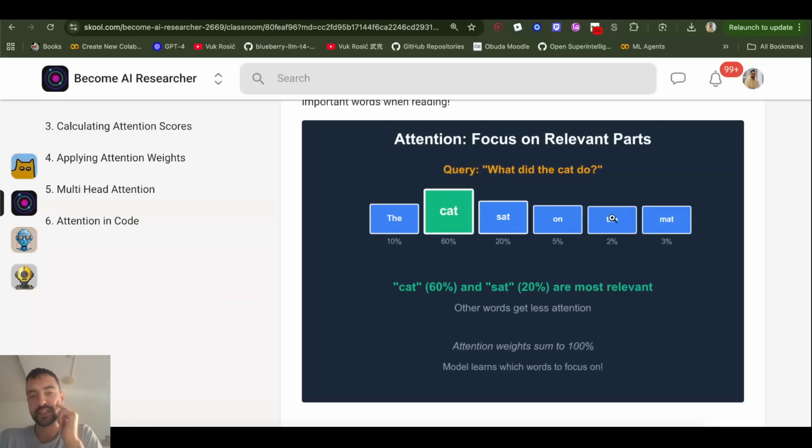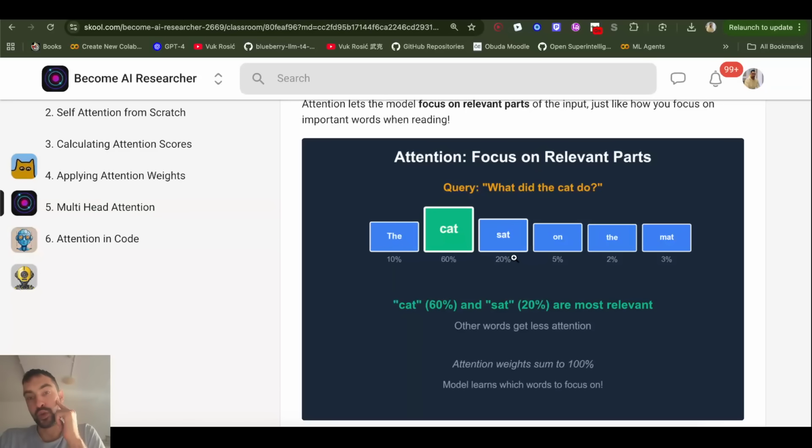So the model learns which word to focus on. The way an LLM works is if you are predicting this word mat, it's going to take the previous words and combine, add all of the relevant information into this word. So now this word will have not only itself, but all of the context before it as well.